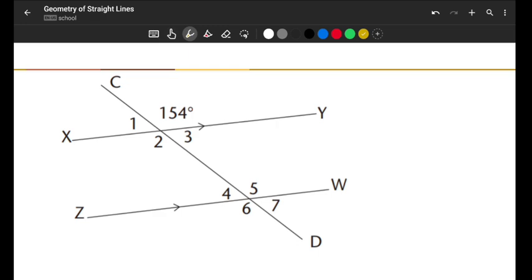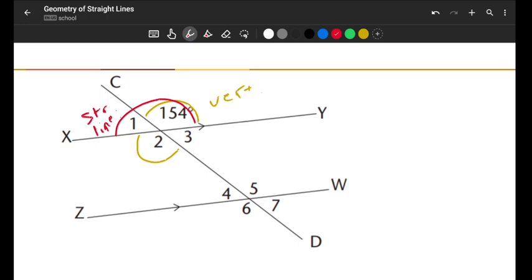So let's start here. 154 degrees and 2, vertically opposite, right? Then we say 154 degrees and 1 here, and we say angles on a straight line, right?